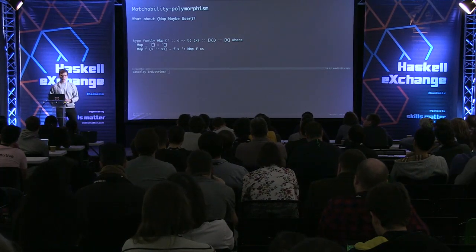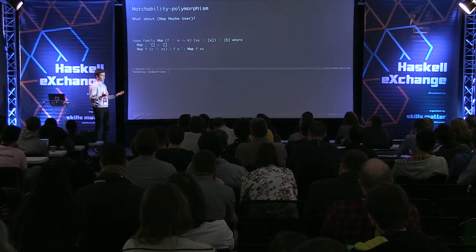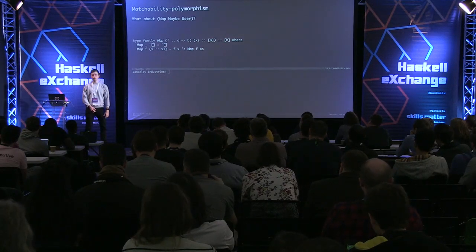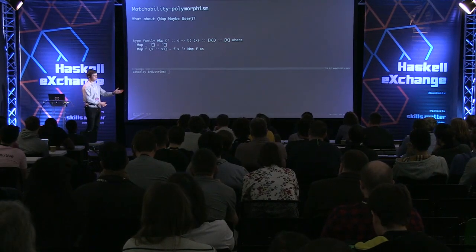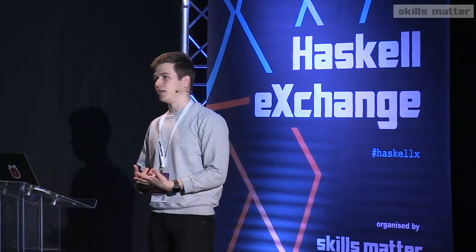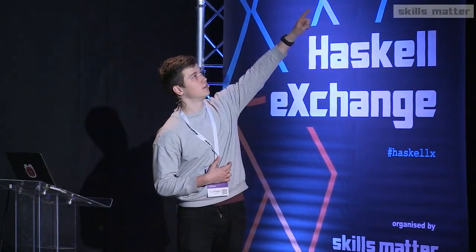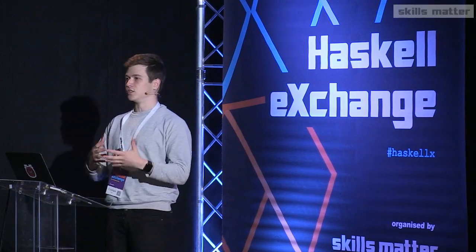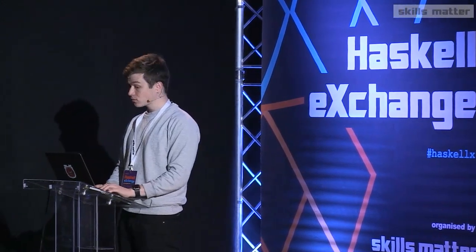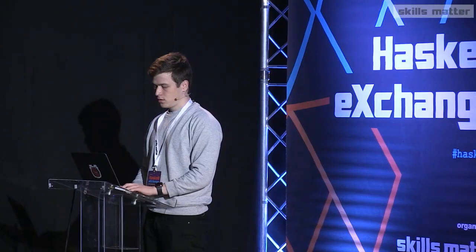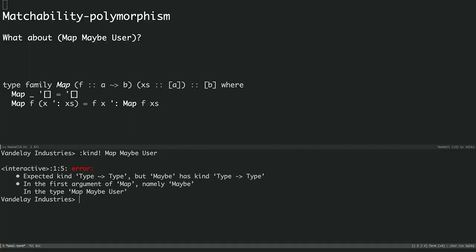But sometimes we don't want to map type families. Sometimes we just want to map normal type constructors. So when you're given a list of int, bool, and char, sometimes you want to map the maybe type constructor. So you want to end up with a list of maybes of those things. The problem is that if we try to do that now, we get a kind error because it expected a kind type squiggly arrow type, but maybe has kind type normal arrow type.